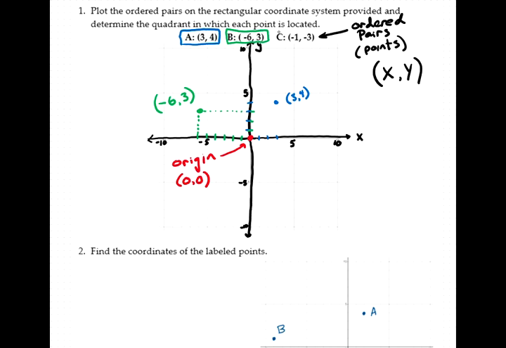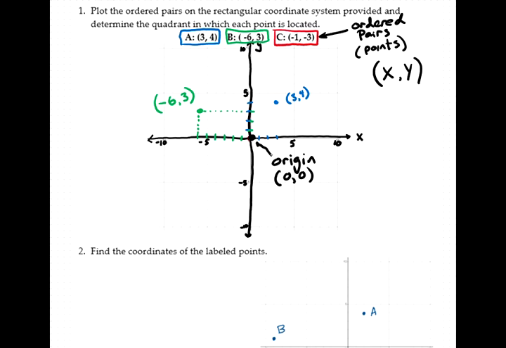And this last point, point C, let's do this in red. Well, that's -1, -3. Actually, let me get rid of this because it's in the way of what we're about to do. Let's change this point to black. Origin is the point 0, 0.